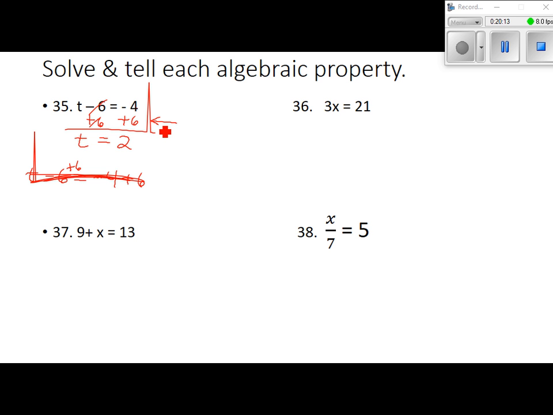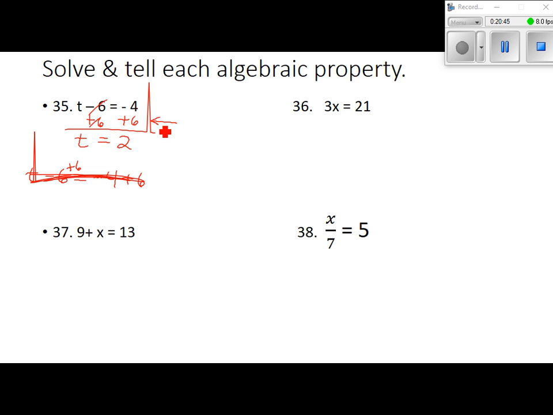Does anybody remember what says that we're allowed to add 6 to this side and 6 to this side? Some kind of property. It's not the distributive property, because distributive is when we have the parentheses. It's the addition property of equality.